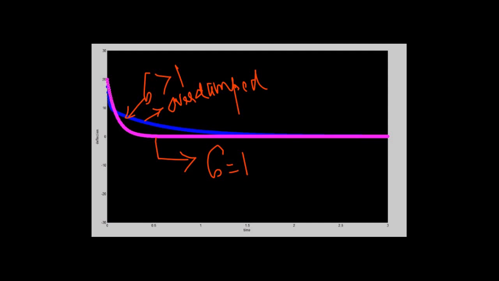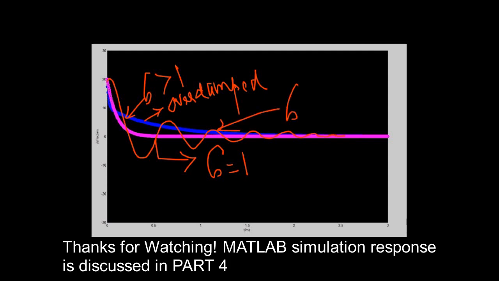In the case of a system where the damping factor is less than 1, it's going to be a sinusoidal decay, something like this. So this happens when the value of eta is less than 1.